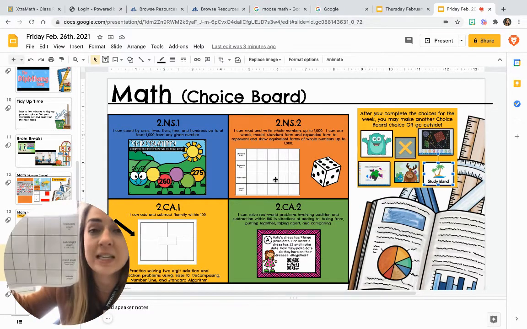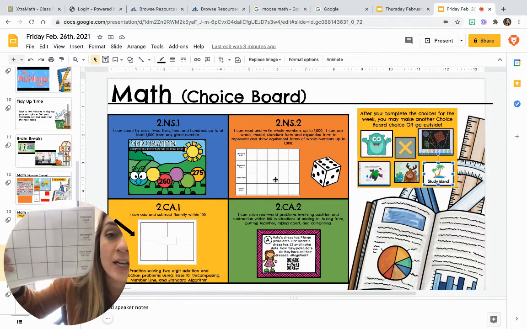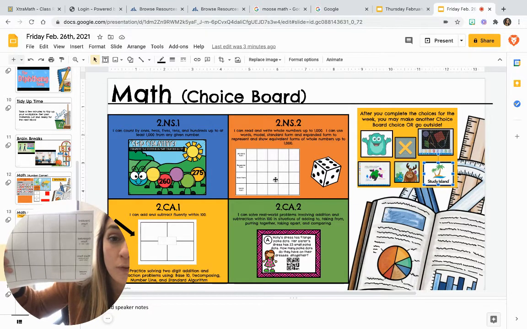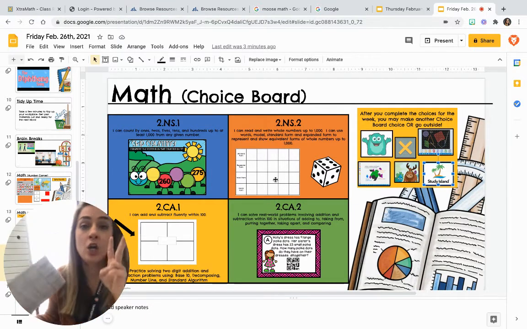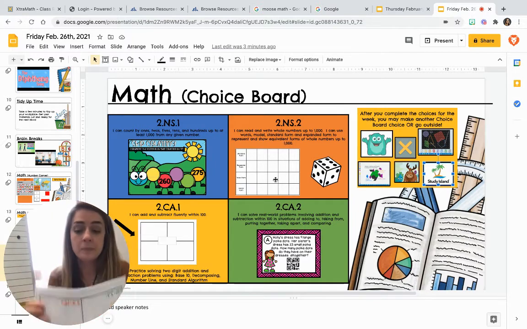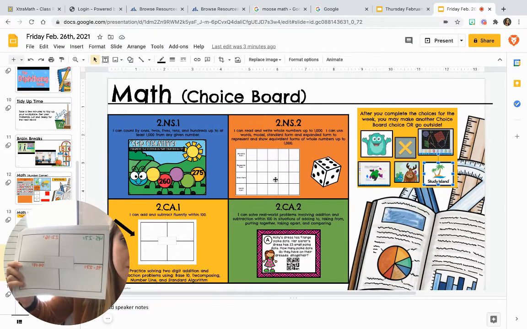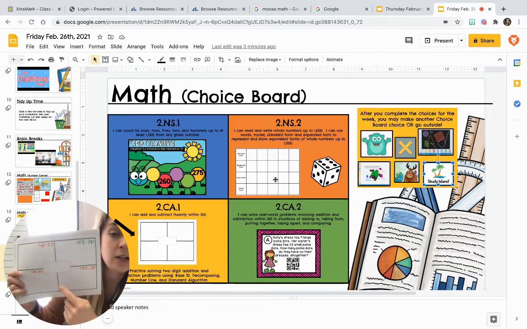So one of the choices is completing the second sheet of the standard, expanded, model, and word form. Your second choice, so yesterday for math, we practiced regrouping using base 10 blocks. Now there's also two pages that look like this.